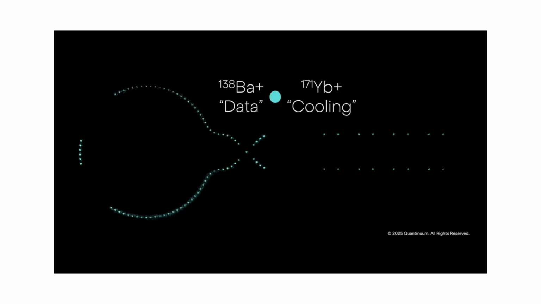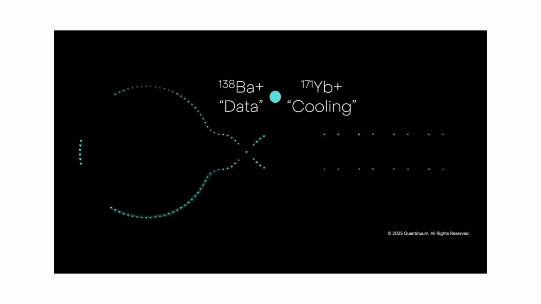The way this works is you have this second ion here, and if you hit it with a laser at the right frequency, through some interference effect it gets cooled down. So hitting the ytterbium ion with lasers makes the barium ion cooler. That's roughly the idea: through the coupling and interaction, the whole system, including the one that carries the data, gets cooled.